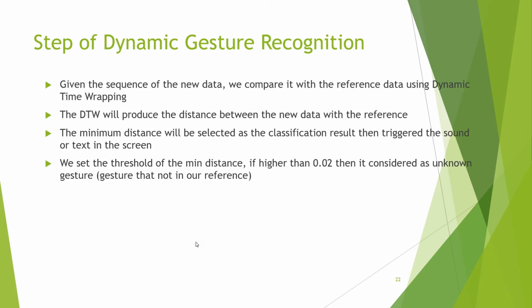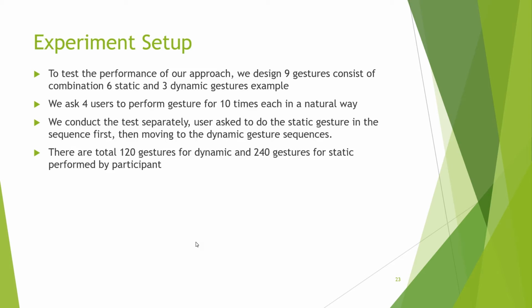We also set a threshold on the minimum distance. If the distance is higher than the threshold, then we consider it an unknown gesture, or a gesture that is not in the reference or training set.